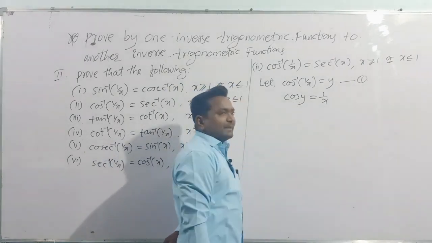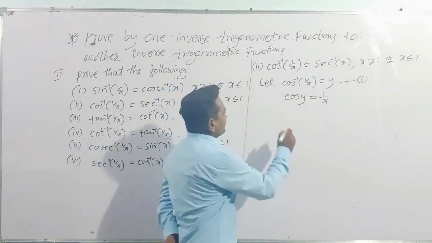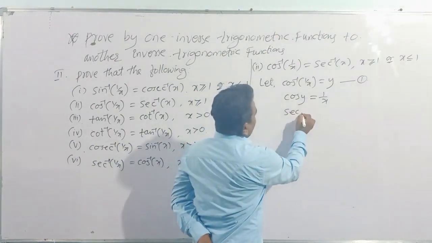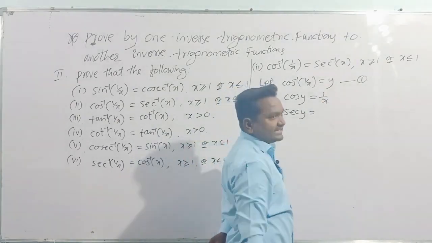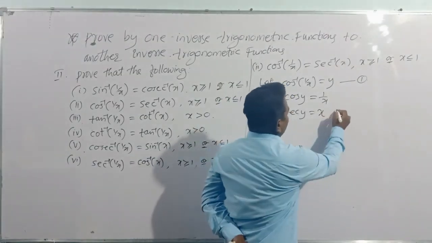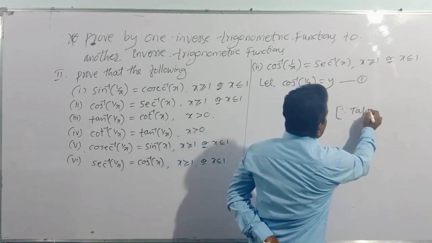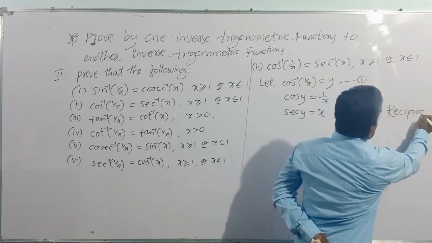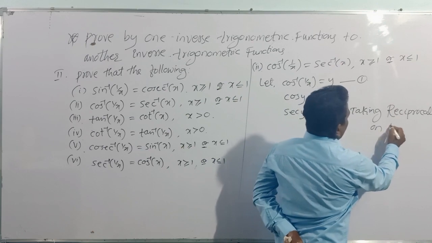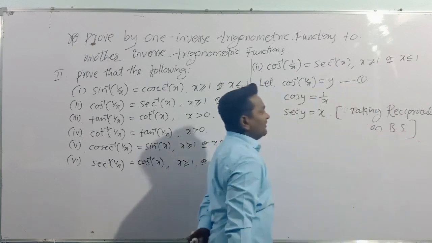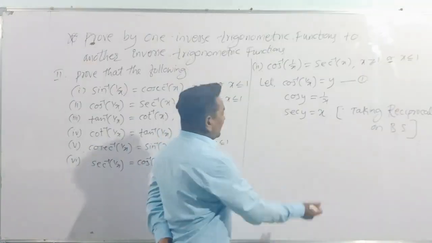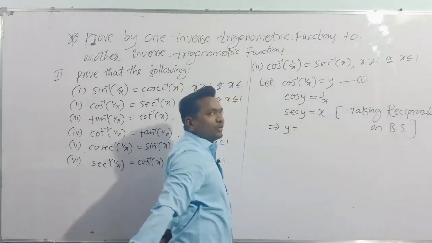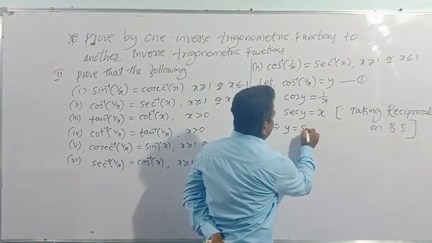Now taking reciprocals on both sides. So what will we get? The reciprocal of cos y is sec y, and the reciprocal of 1 by x is x only. Now this implies y stays as it is, and the sec function moves to the right hand side and becomes sec inverse x.